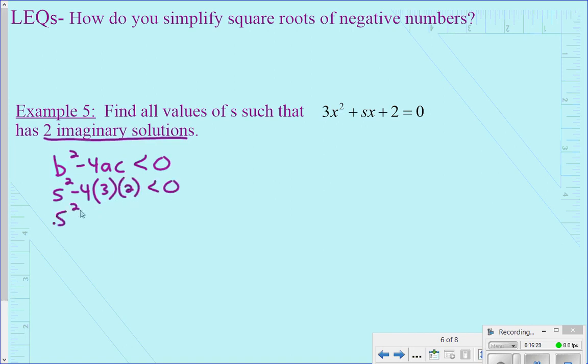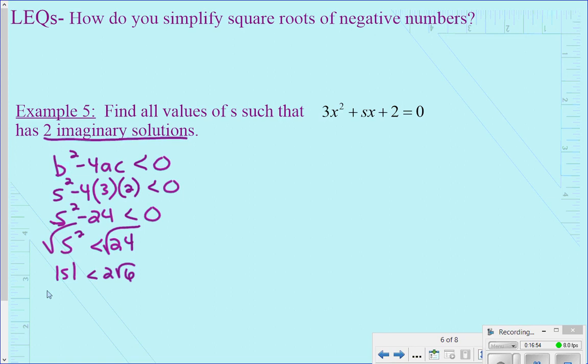So s squared, negative 4 times 3 is negative 12 times 2 is negative 24. So solving for s, s squared is less than 24, square root of each side. Absolute value of s is less than, I'm going to go ahead and simplify, root 24. So that's 2 root 6.